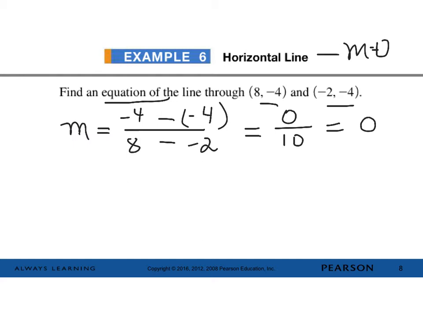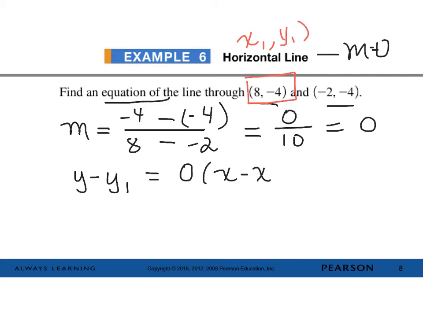So if the slope is 0, let's just use the point slope form to verify that this is actually a horizontal line. The point slope form says y minus y1 is equal to the slope, which is 0, times x minus x1. And just arbitrarily, let's choose 8, negative 4 to be x1, y1.